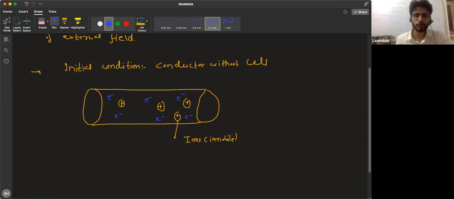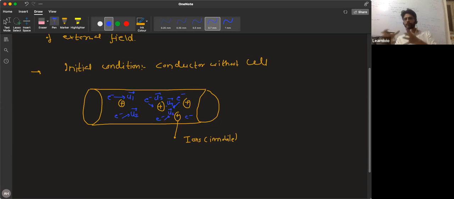The electrons move with some velocity, which is known as thermal velocity. Due to temperature, electrons have some energy, which is known as thermal energy. Due to this thermal energy, these electrons randomly move from one end of the conductor to the other. It's u3, it's u4, it's u6.